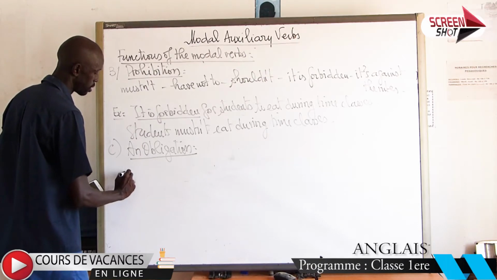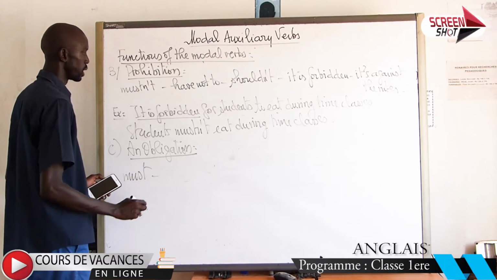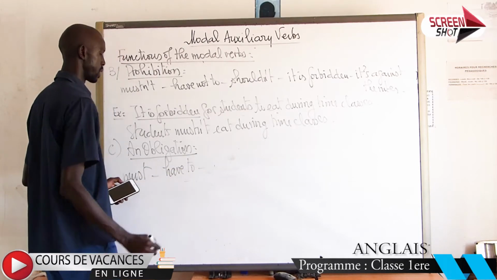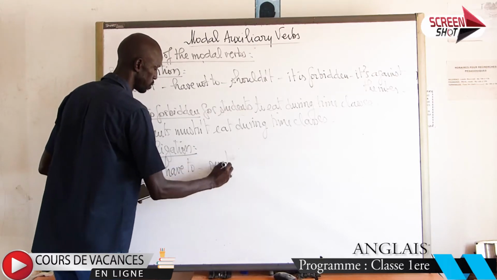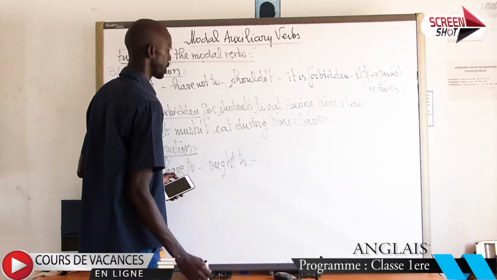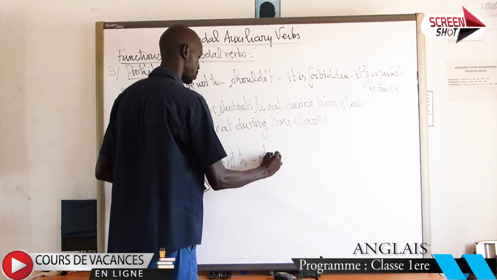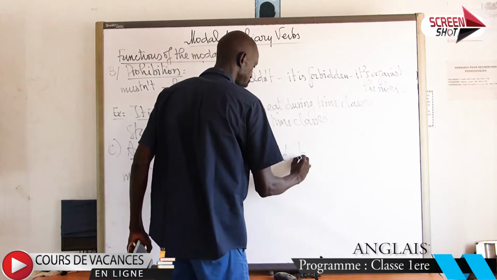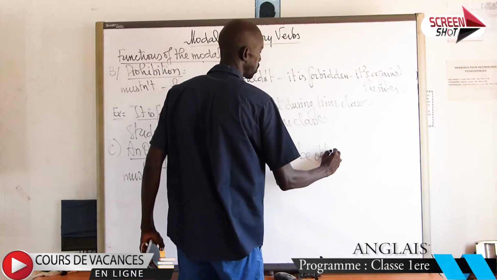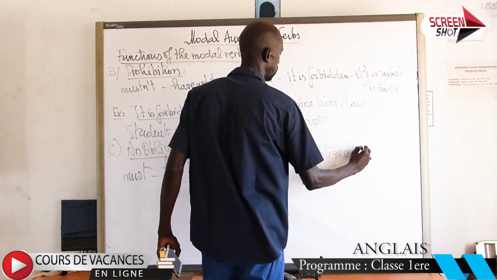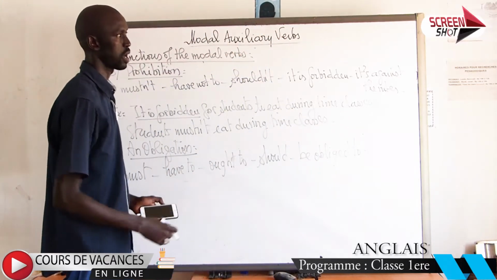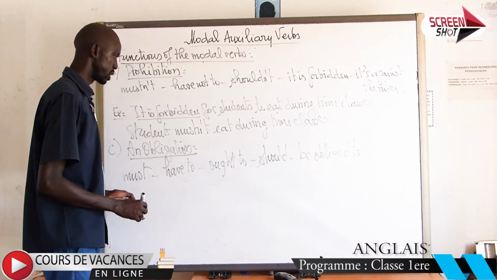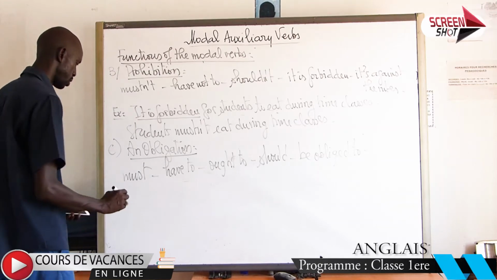So there we will have must, we will have to, we can have ought to, we can have should, or we have be obliged to, be forced to. All these are some phrasal that we can use to express an obligation. Be forced to.